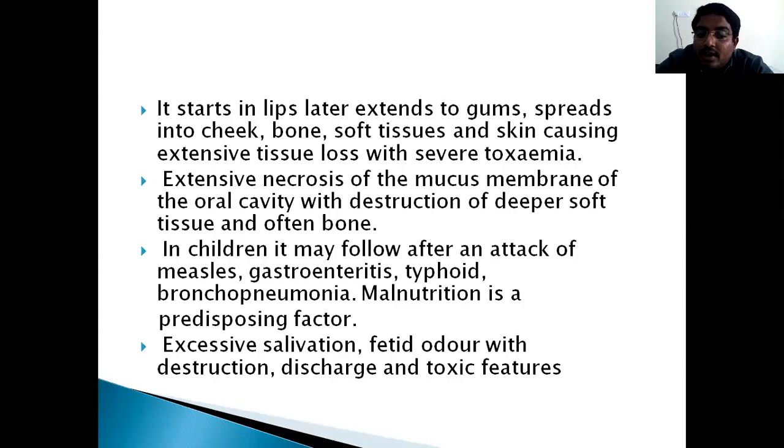Malnutrition is a predisposing factor, with excessive salivation, foul odor with destruction, discharge, and toxic features. So first it starts in the lip, then extends to the gums, then spreads to the cheek, bone, soft tissue, and skin, causing extensive tissue loss and severe toxemia. Necrosis means dead tissue.